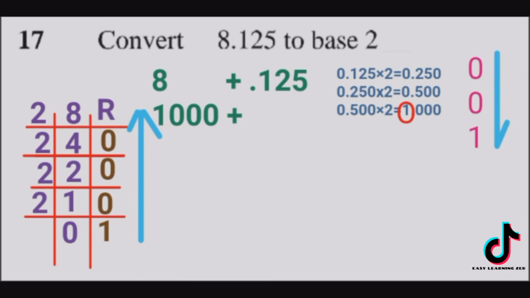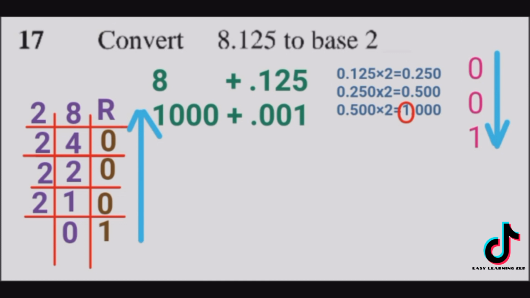So our answer this time, we're going to start from top going downwards. So we're going to write it as 0.001 like that. I hope we have seen here in the middle where I've written it, where I'm adding.